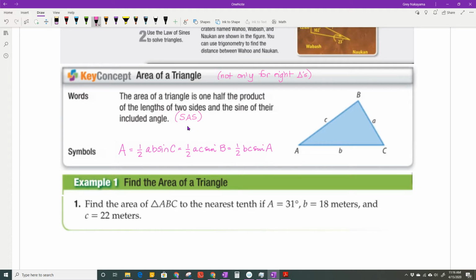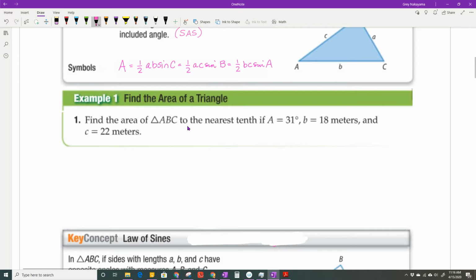Okay, so find the area of triangle ABC to the nearest tenth if A is 31 degrees, b is 18 meters, and c is 22 meters. I have three different letters: big A, little b, little c. So that fits that formula.